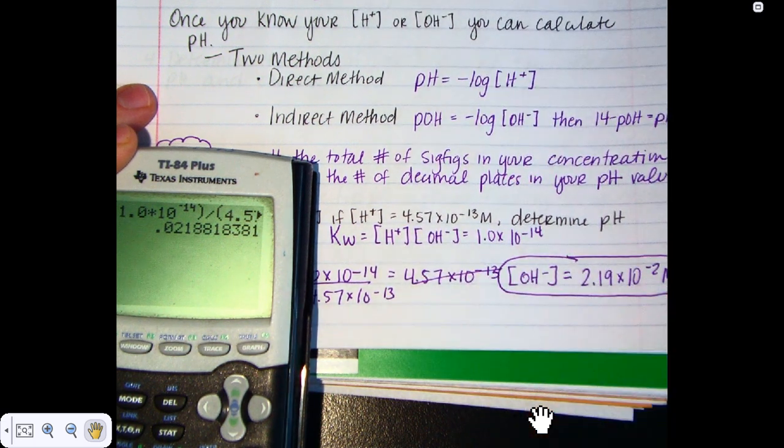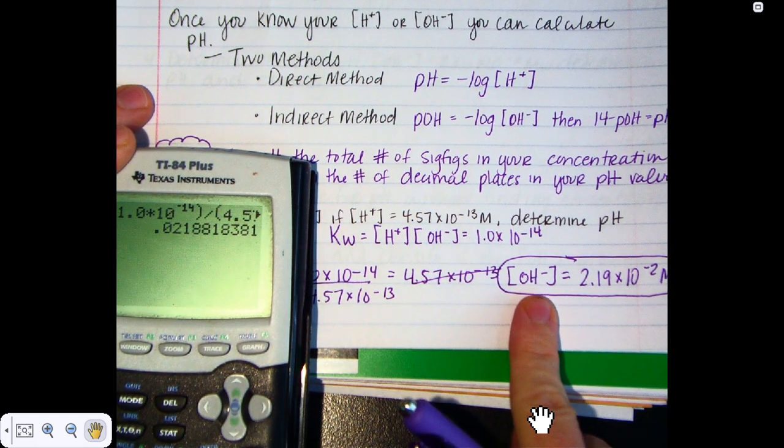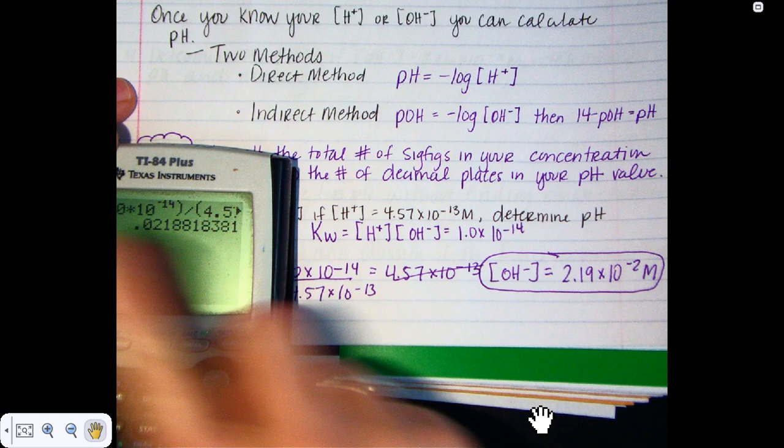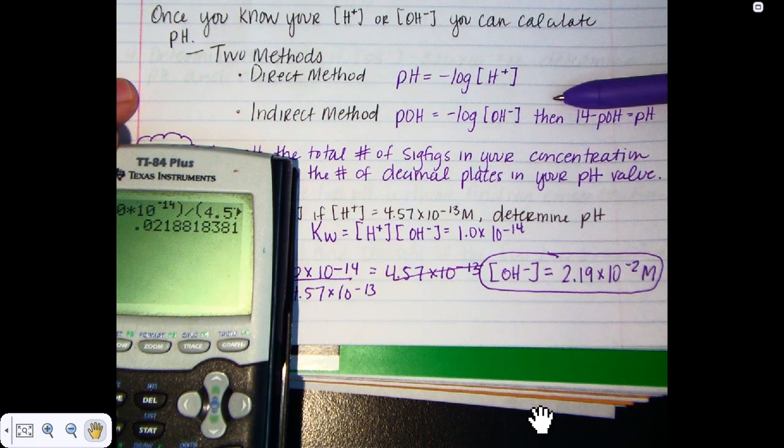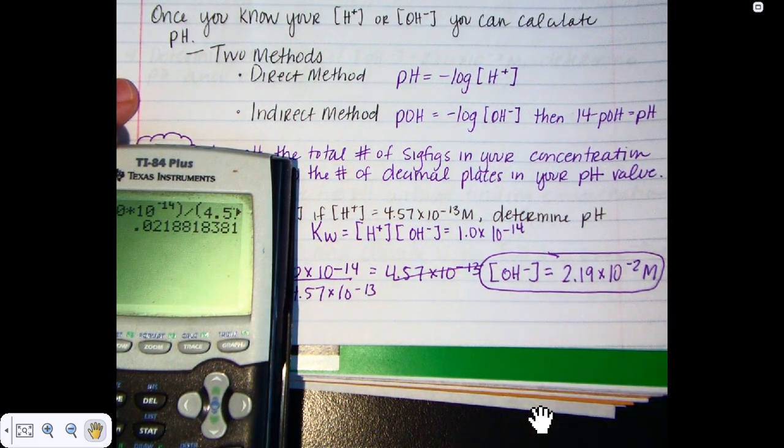Now, in my calculator currently, I have the OH minus, which means when I negative log this number that's currently parked in my calculator, it's going to give me the pOH. So I'm finding my pH via the indirect method right now. Oh, and I dropped my pen.